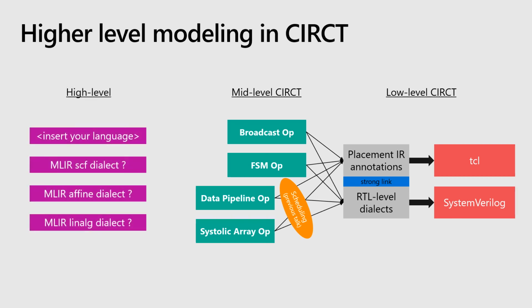Longer term, we can start to consider pulling in and lowering from these higher level dialects, or even a language that you hook up to CIRCT. So, for instance, we're looking into the ability to generate a systolic array from the MLIR affine dialect.